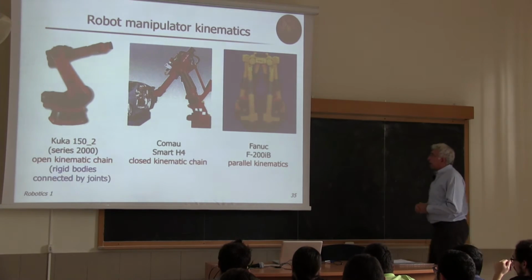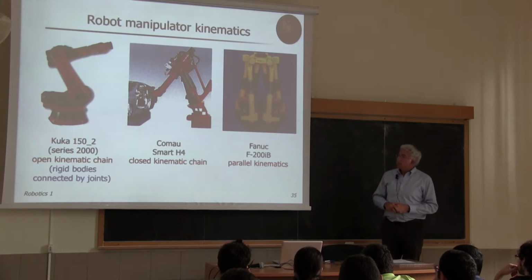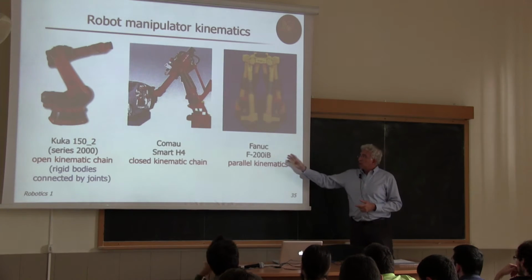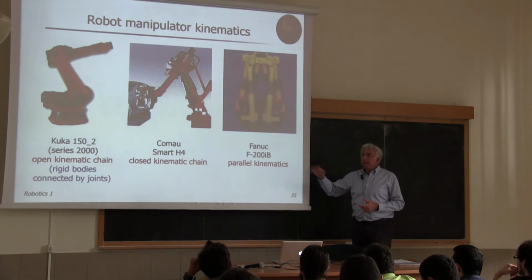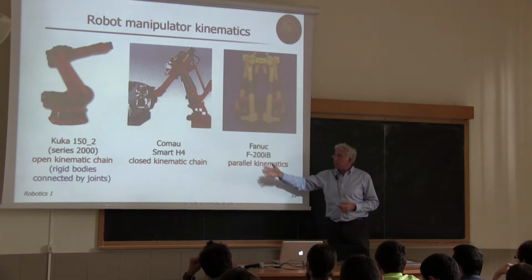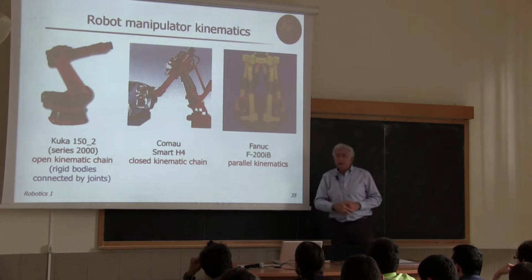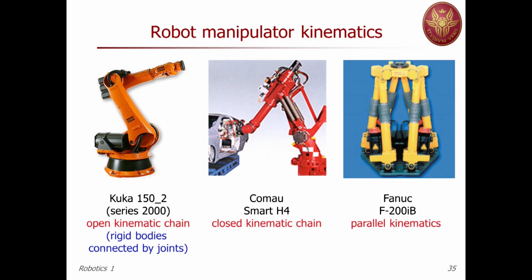However, there is another class of robots which are completely different. They cannot even be approximated by an open kinematic chain by removing some closed kinematic loops. These are the so-called robots with parallel kinematics, and here you see one Japanese example, a Fanuc.